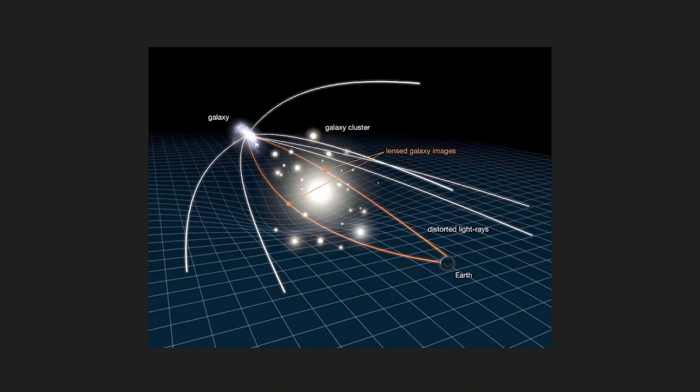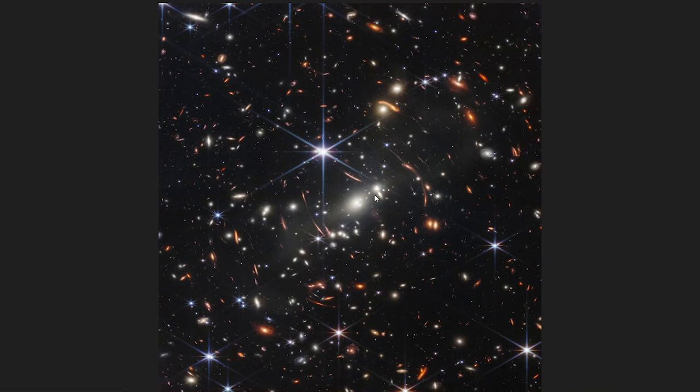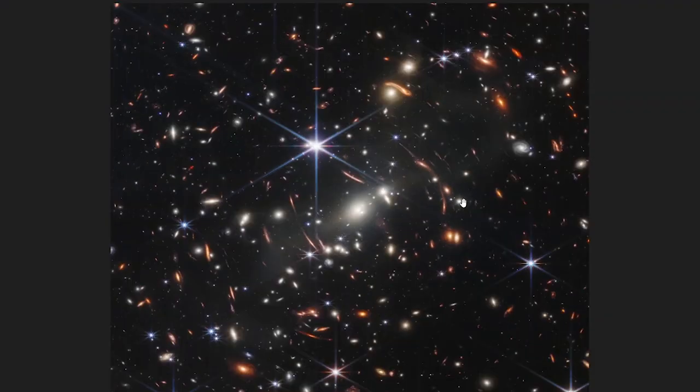So two different directions, and we will see two images of the same galaxy. And that can happen multiple times. So we may see multiple images of the same galaxy. The gravity of the galactic cluster itself is bending light. That is why we see these weird galaxies.